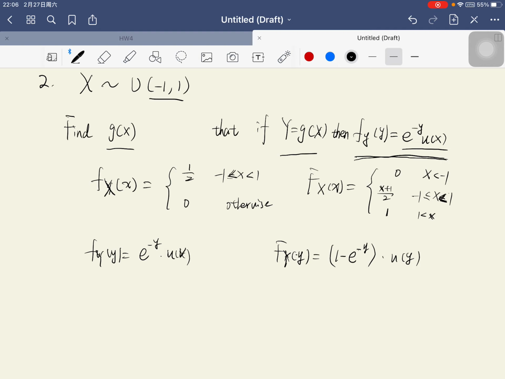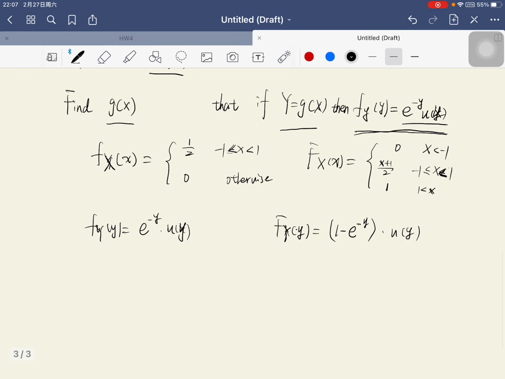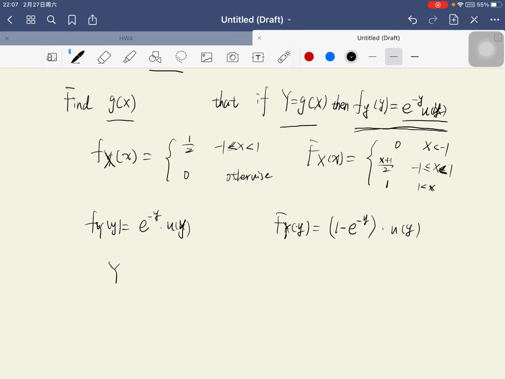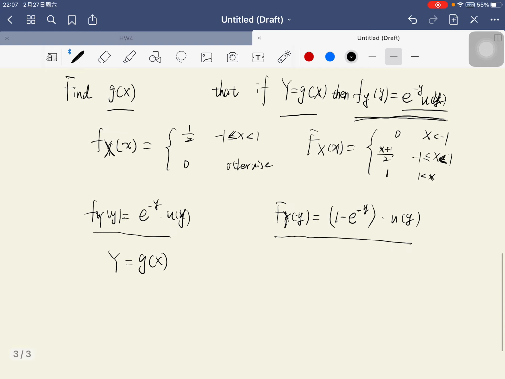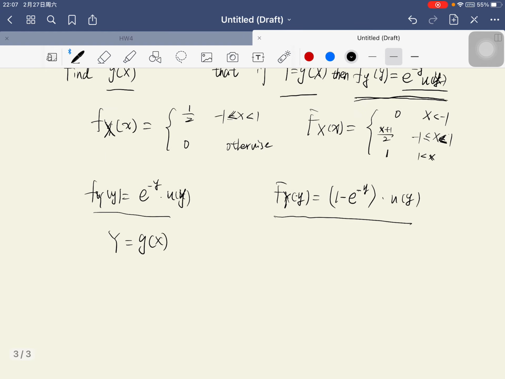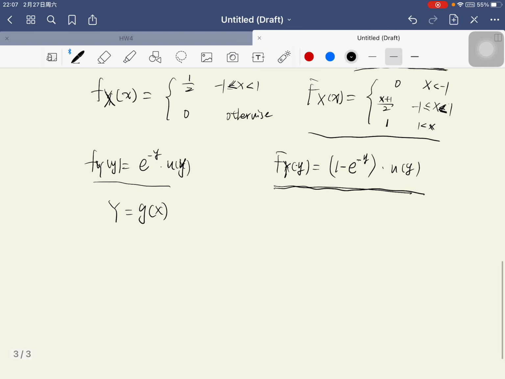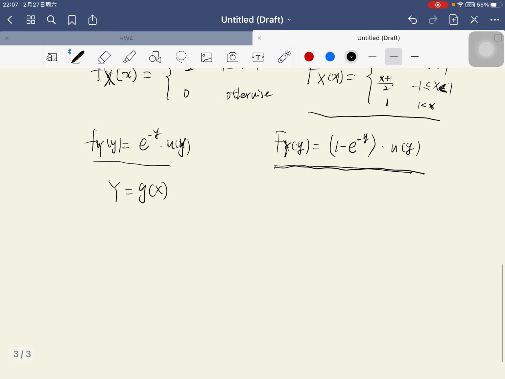Oh, yes, this is the mu y, sorry. And then we want to compute y equal to g(x) so that the density function and the distribution function of y are this. So we could draw the graph of the distribution function of x and the distribution function of y to find their graphs.